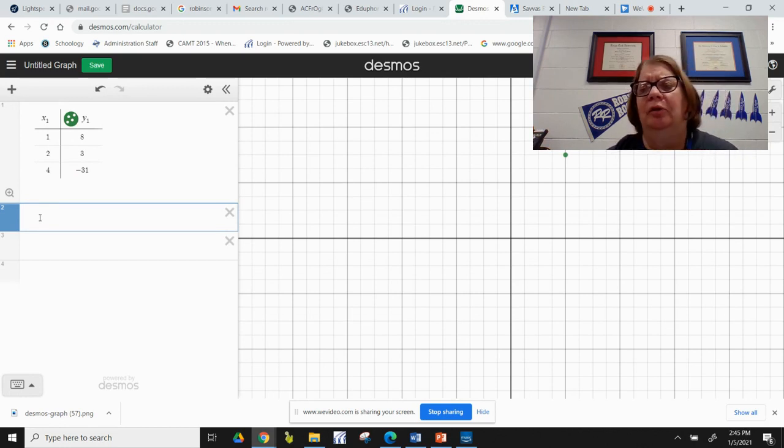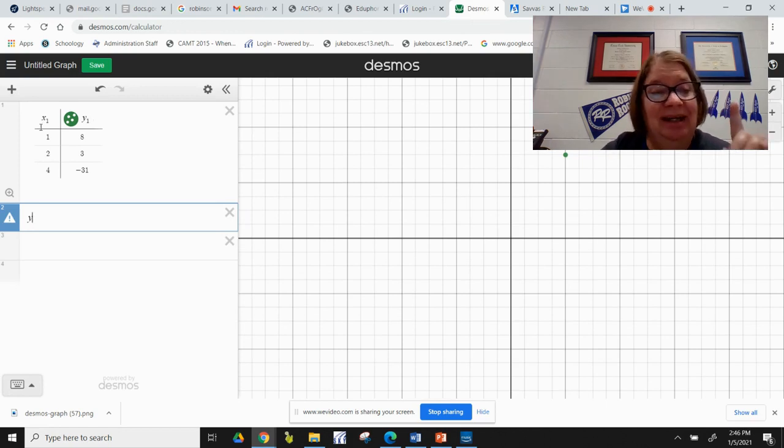When we type this expression, we're going to put the standard form of a quadratic equation in here using x1 and y1 because that's what our table says. If we had more than one table, we could have x2 and y2, x3 and y3, and we would use those numbers to tell Desmos which table to get the values from. All right, so here we go.